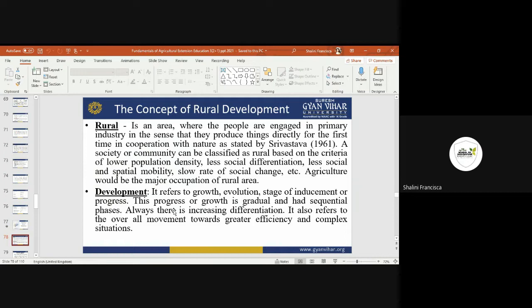So they are not in the service line, they are in the field or practical line, so they have to work by hands, manual work is there, so they don't change themselves according to the things, as compared to the urban areas where the rate of change is very high. So I've already said there is manual work. Why is it manual work?